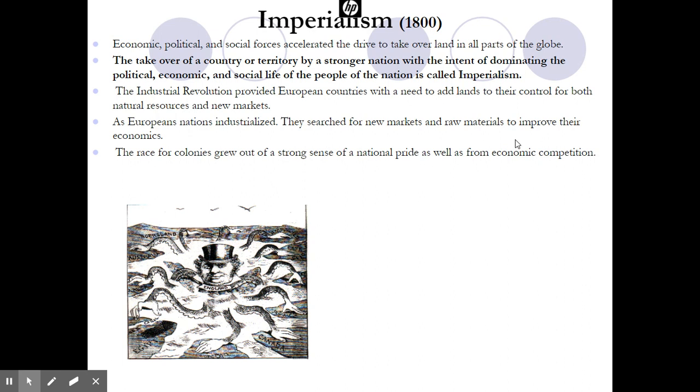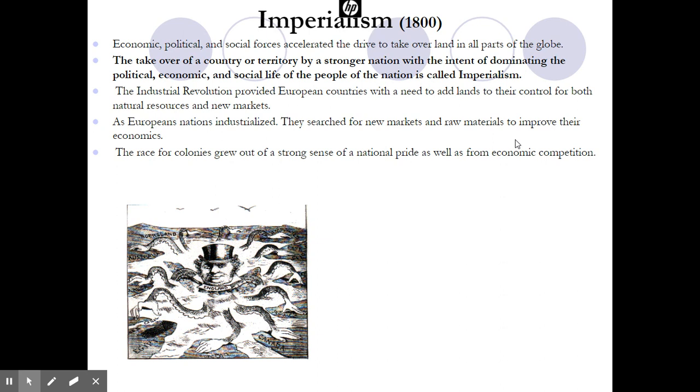So imperialism in the 1800s is basically economic, political, and social forces that accelerated the drive to take over land in all parts of the globe. That was the big thing, taking over land all over the globe. It's when a stronger nation would try to take over and dominate a weaker nation. This happened because of the Industrial Revolution.